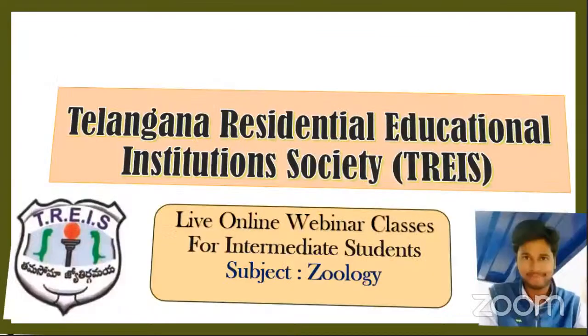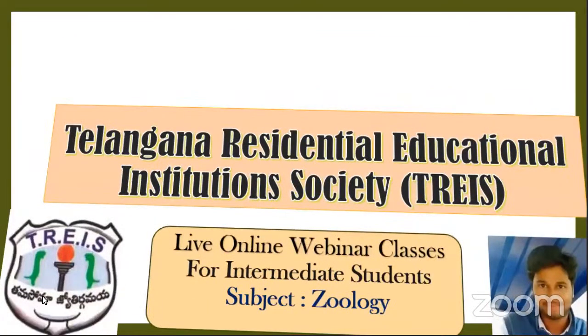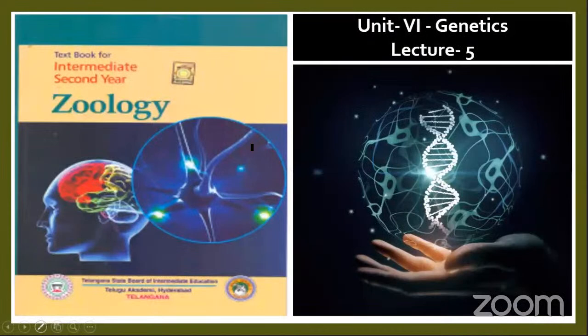This is the sixth chapter, genetics, and it is lecture 5. If you have not seen the previous lectures, I advise you to go through lectures 1, 2, 3, 4, then come to lecture 5, because genetics is a highly interlinked chapter.